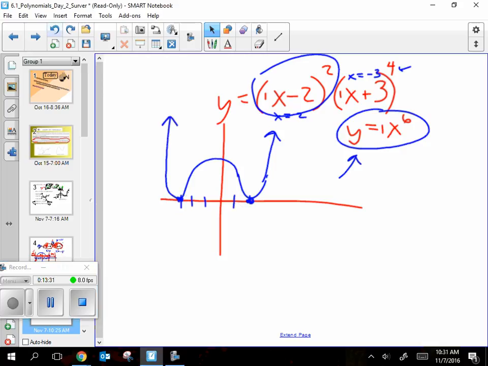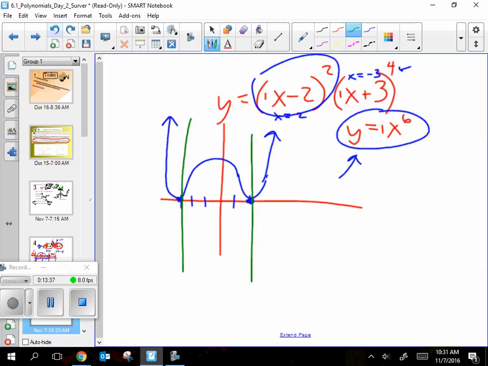I did not ask you to do this, but if I was going to do this from a sign chart perspective, in the middle, it's positive. What if I asked you to prove that to me? Like, let's say I had mine going down in the middle. To prove that is wrong, take a point between here and here. What's a good one? 0. 0 is a great one.